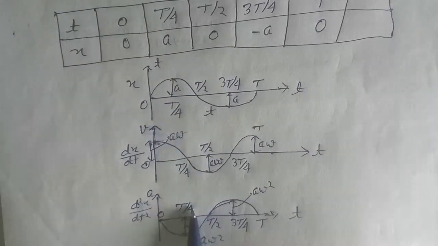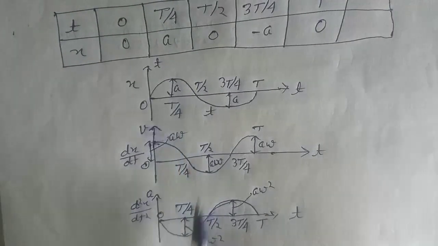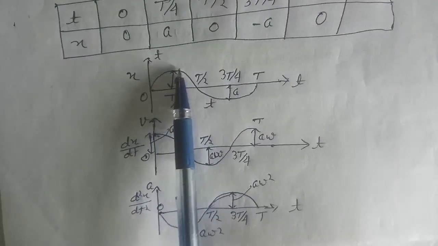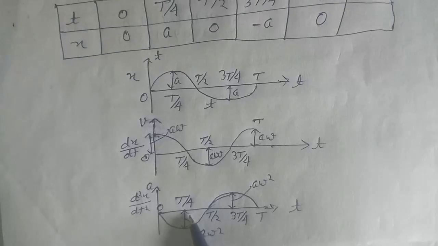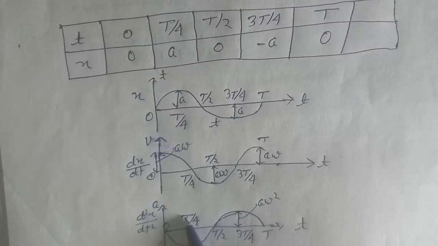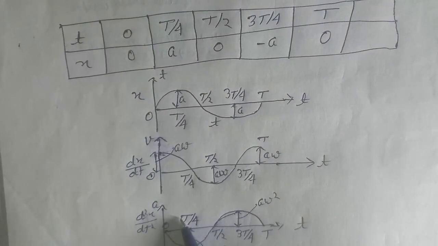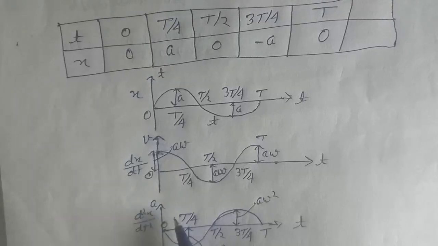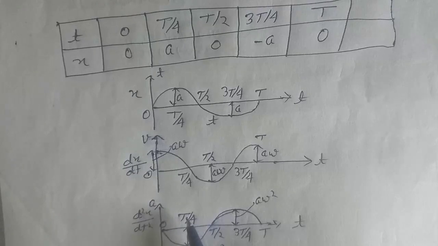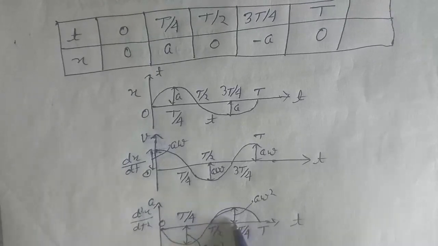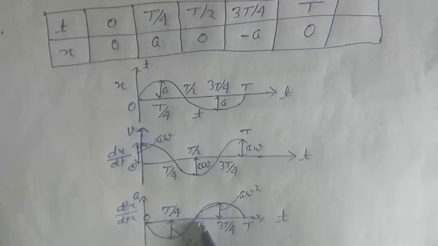From this it is clear that this is the mirror curve, the opposite; it reverses the pattern, so it is called the mirror image of the displacement curve. So from this it is clear that the acceleration is always proportional but opposite to the displacement in simple harmonic motion.